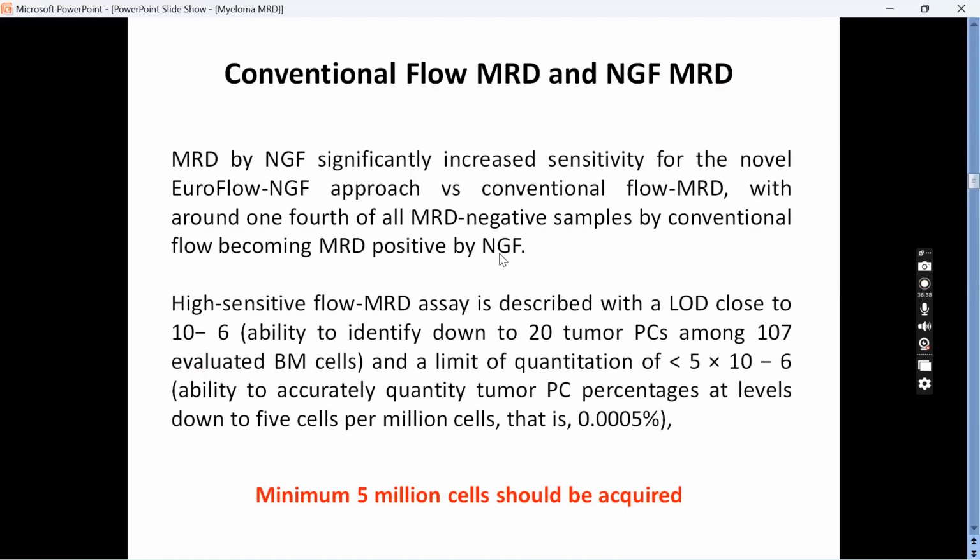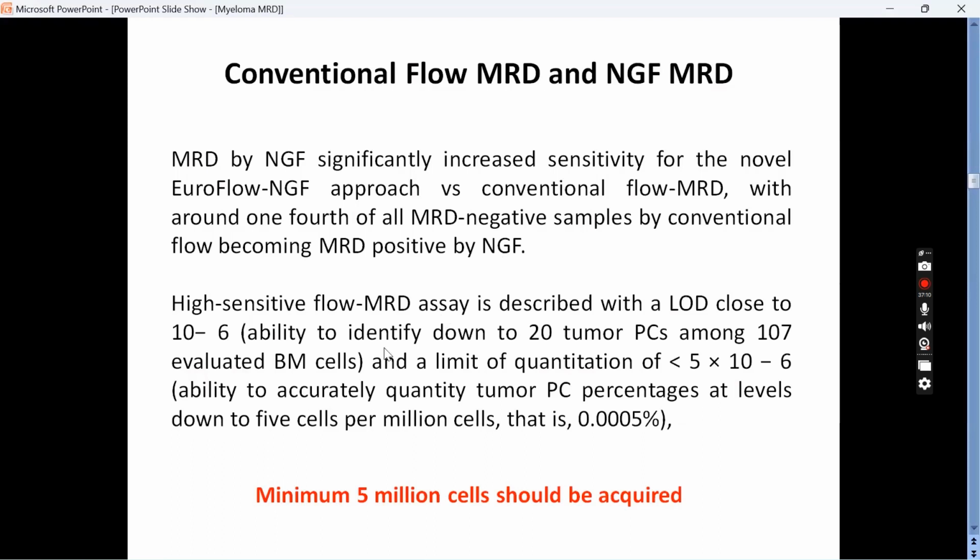Okay, but in myeloma, there is no such criterion. What has been claimed is if you find disease, if you find myeloma events, it is MRD positive. No matter whether you acquire 1 million events or 5 million events, or 10 million events, if you still find some myeloma events coming up, and you're 100% confident that those are all myeloma events, then it is MRD positive.